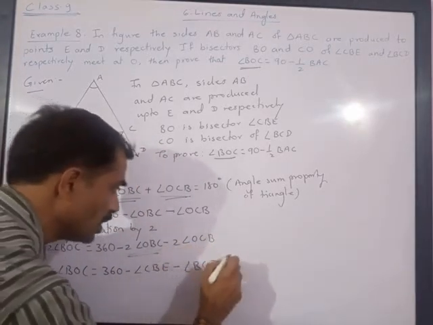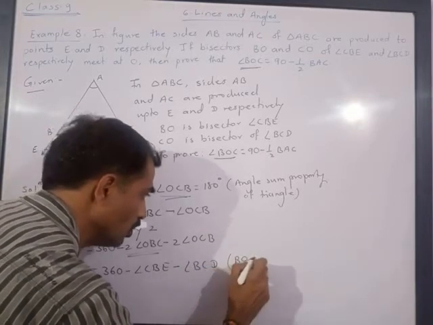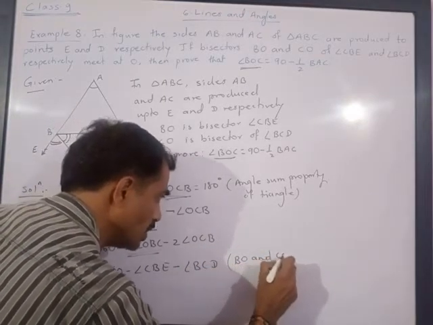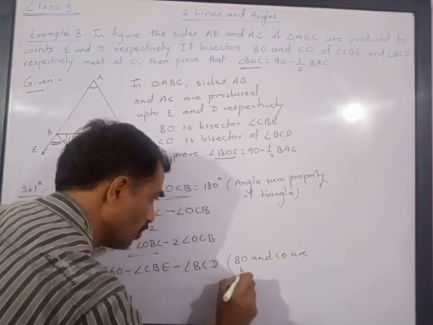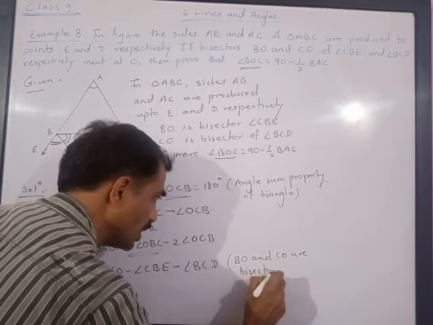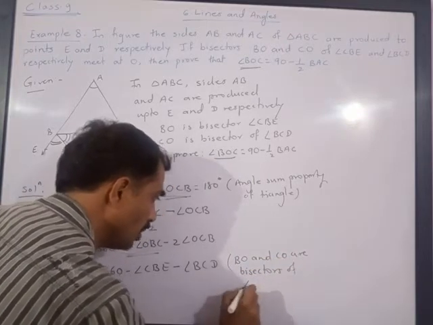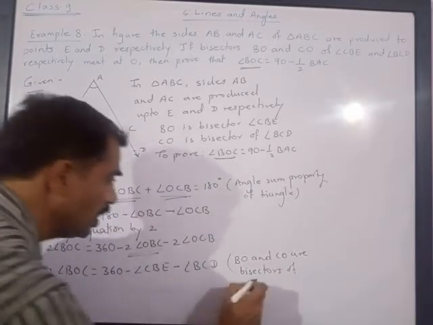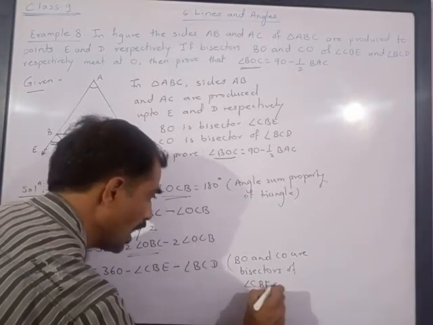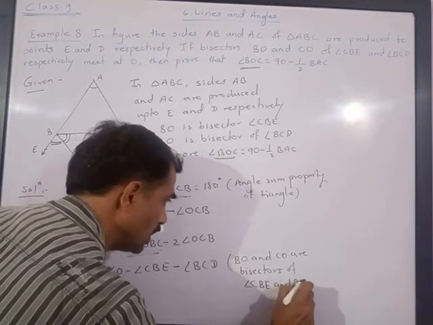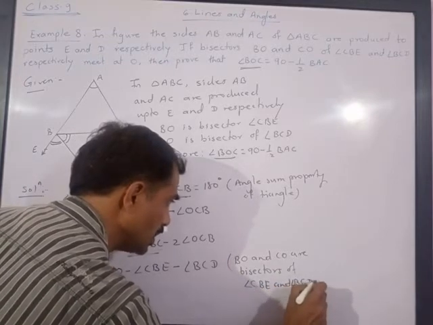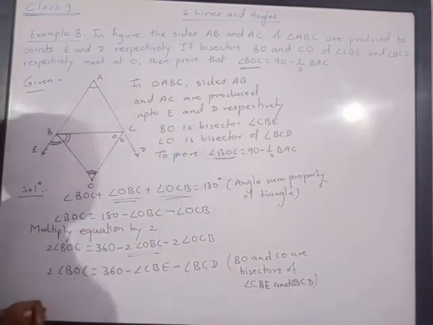Watch carefully, BO and CO are bisectors of angle CBE and angle BCD.